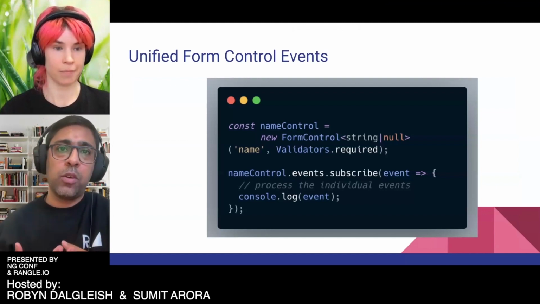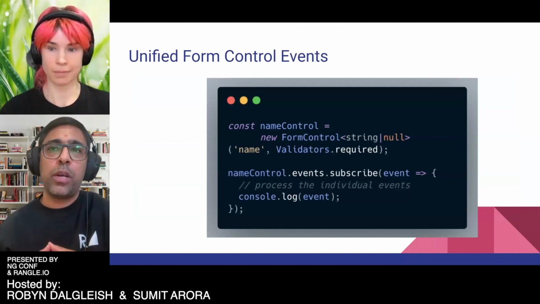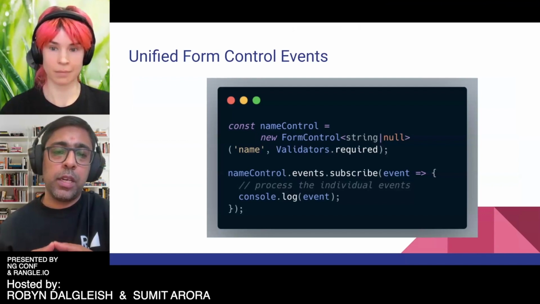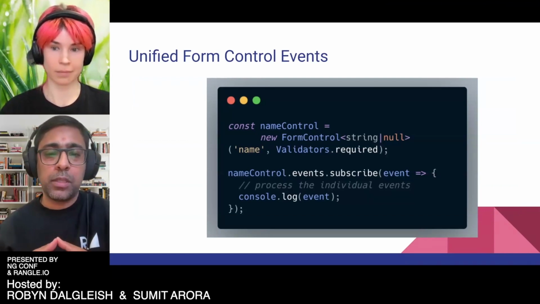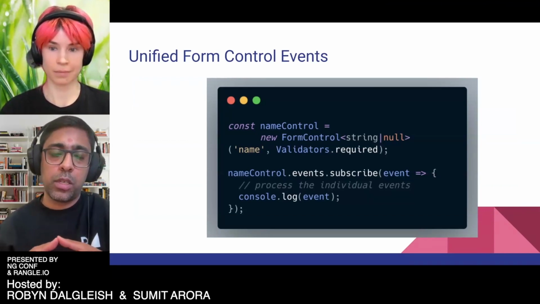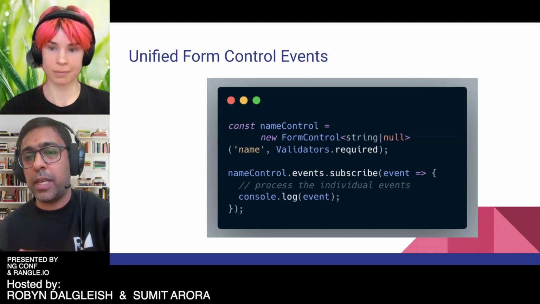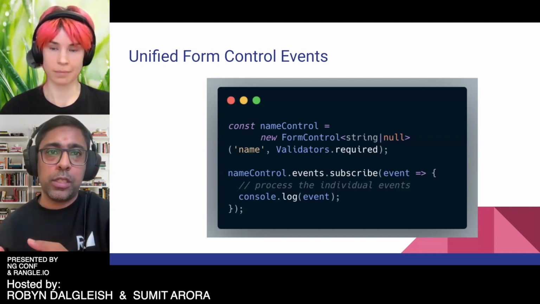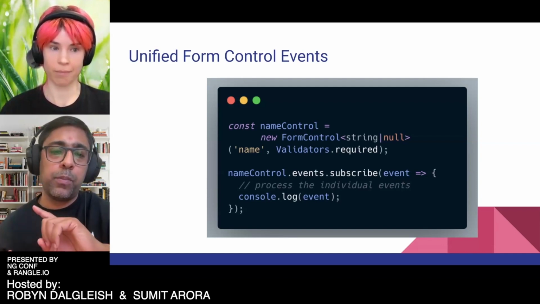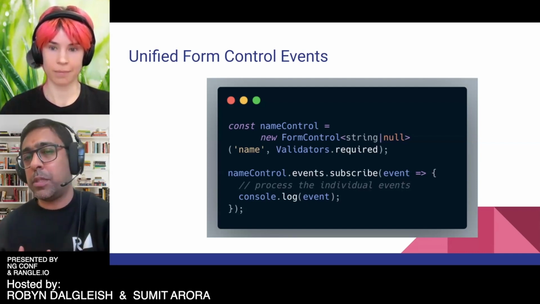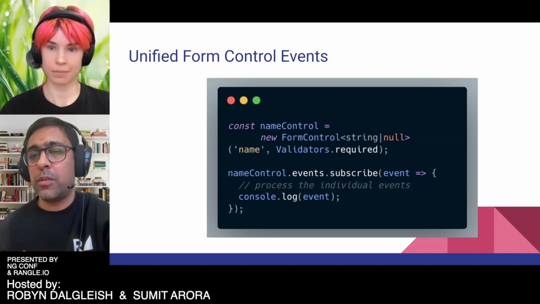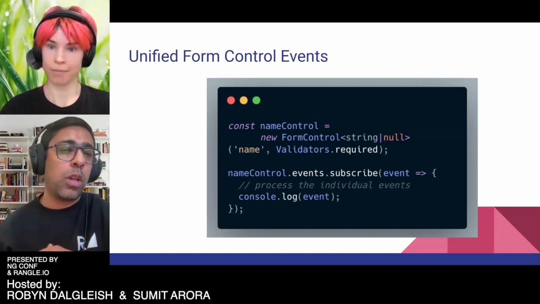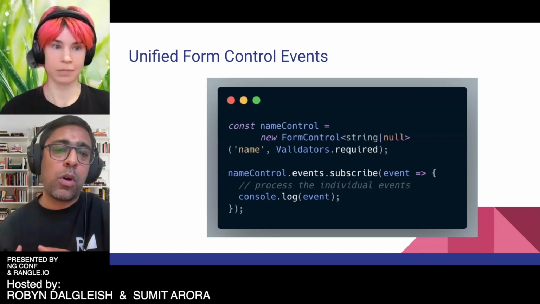One other thing Angular 18 brings is the unified control state change events. Now you can subscribe to the form control events that are triggered whenever the form control changes. It's a new property that was added to the abstract base control, so it is available to all the controls of a form or a form group.